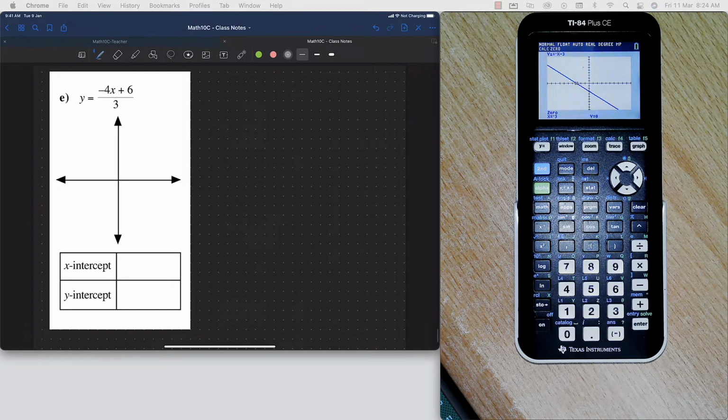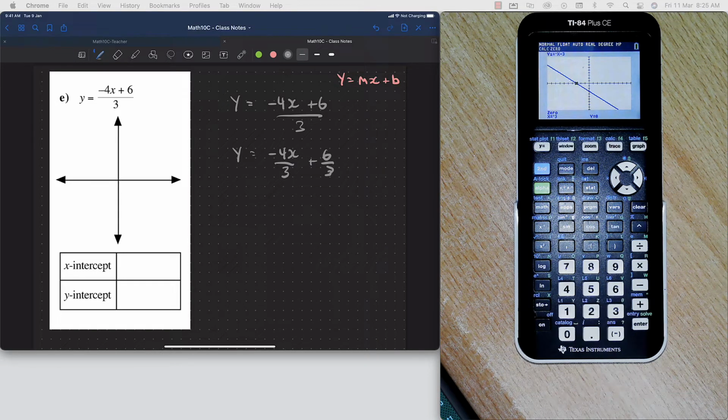And it's just a little bit more complex, but still fairly easy to solve. So in this case, we have y equals negative 4x plus 6 over 3. And remember, we're trying to get into the form of y equals mx plus b. So you should be able to recognize that this can be rewritten as negative 4x over 3 plus 6 over 3.